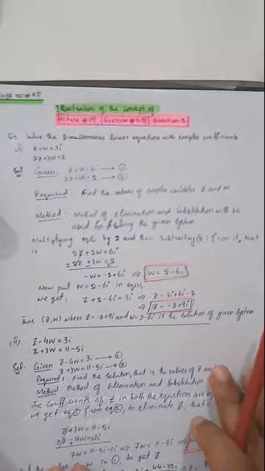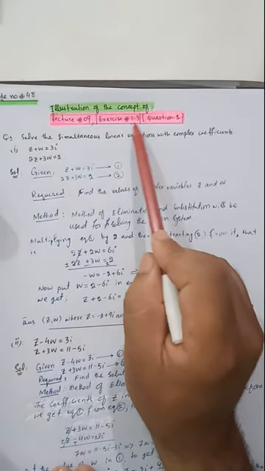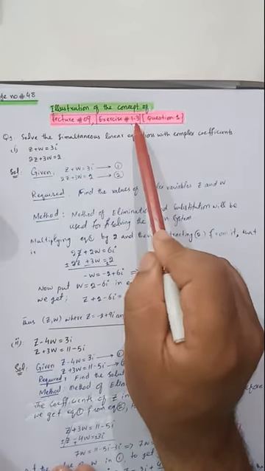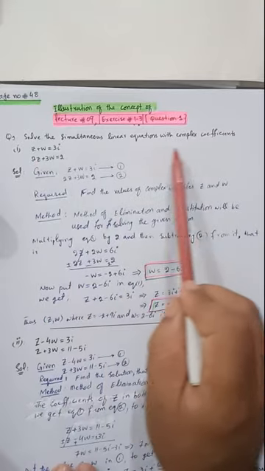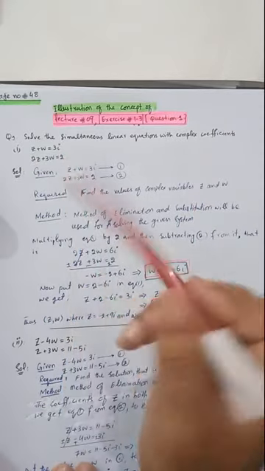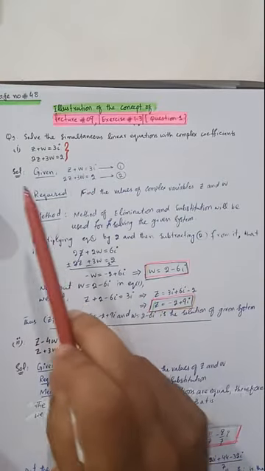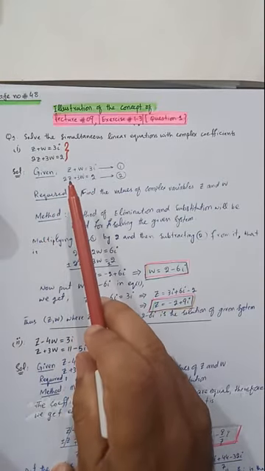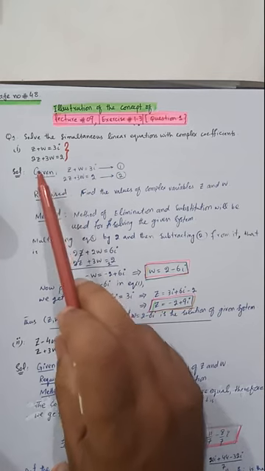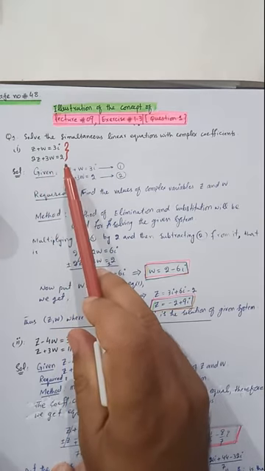So this is the example exercise 1.3. Solve the simultaneous linear equations with complex coefficients. So you see that this is your system: z plus w is equal to 3 iota, 2z plus 3w is equal to 2.